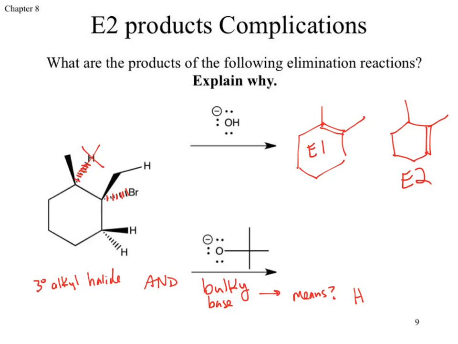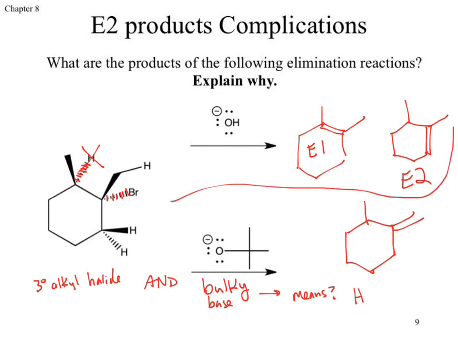Because there's another one. Because that one's less substituted. So when we look at our E2 elimination, under those first conditions, we get that guy. I don't know why I circled that like that, but it doesn't have to make sense, right? What's the product in the bottom situation with the bulky base?